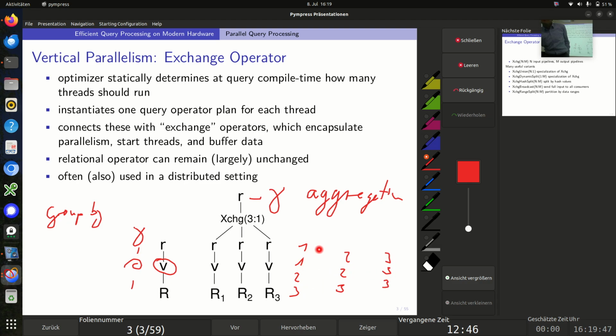If we do the count, we would have, for the first partition, 1 counted 2 times and 2 counted 1 time, and so on. Then we do the same for the second partition, and afterwards for the third partition. Then we have a final aggregation to unify all the different partitions. That's the idea. I've introduced vertical parallelism by using this kind of exchange operator.